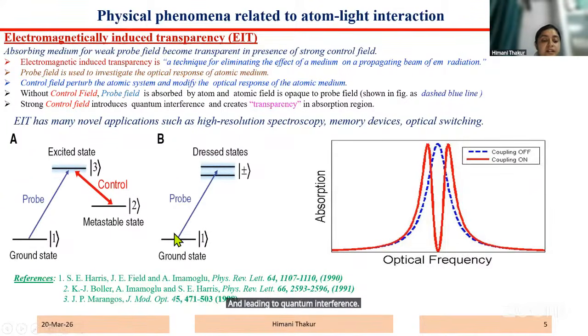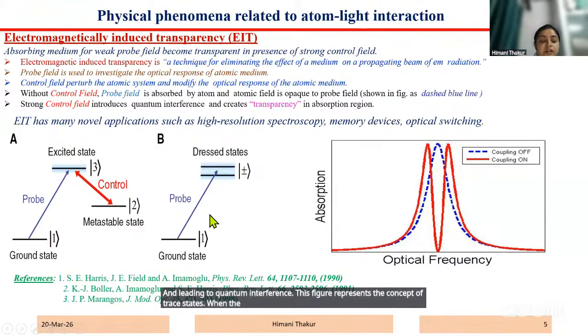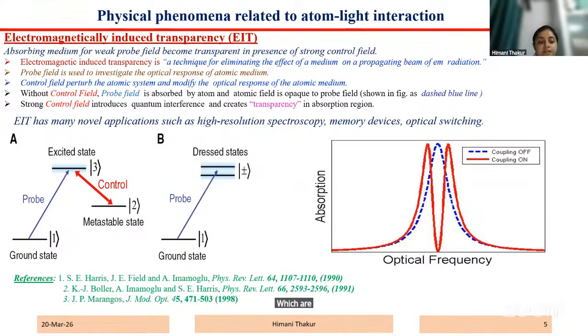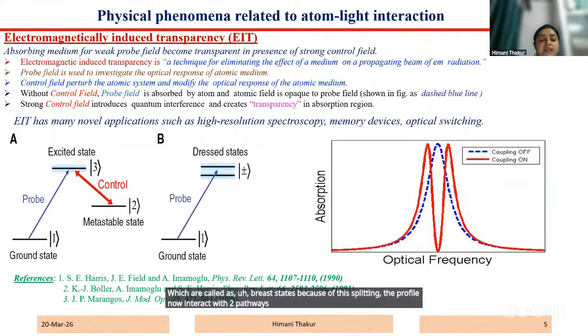This figure represents the concept of dressed states. When the strong control field interacts with the atom, it modifies the energy levels. Instead of a single excited state, it splits into two new states, which are called dressed states. Because of this splitting, the probe field now interacts with two pathways, and these pathways interfere destructively, which cancels absorption.